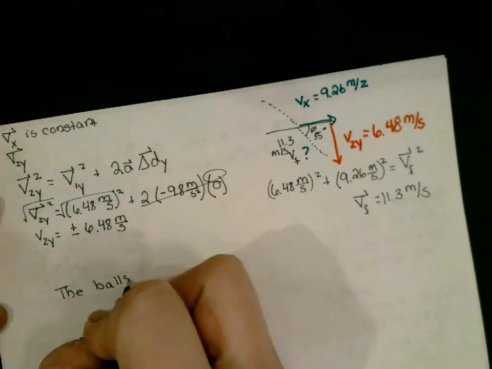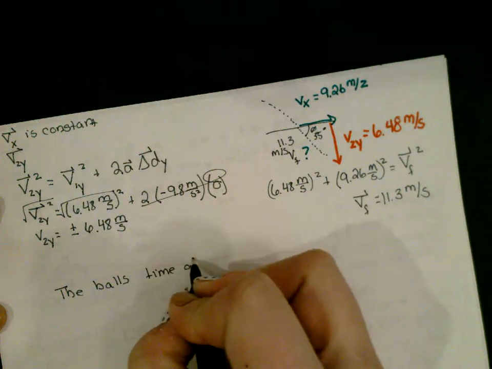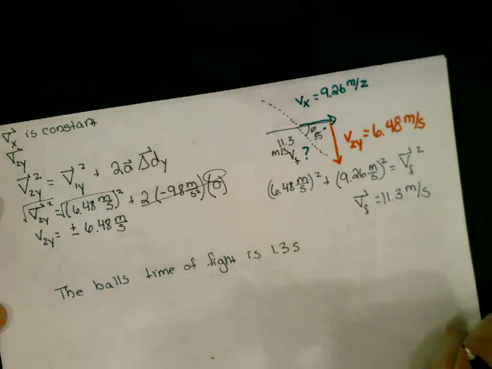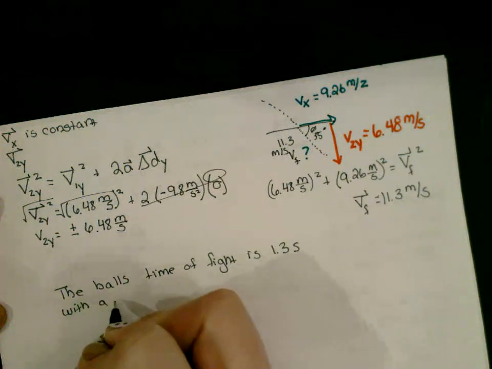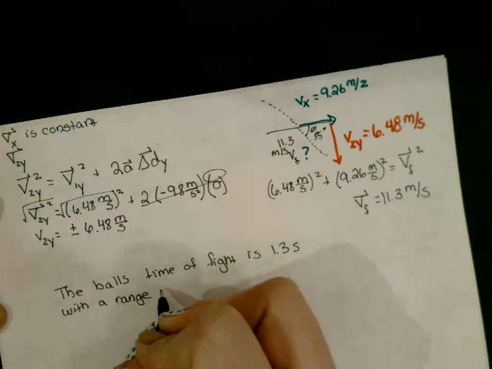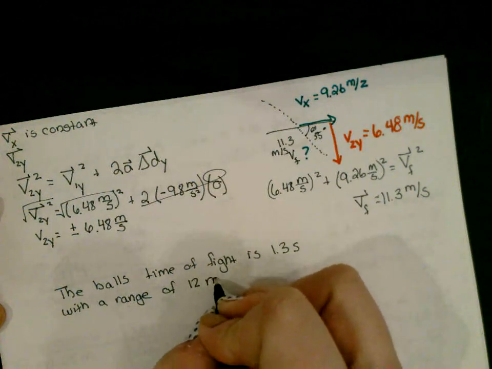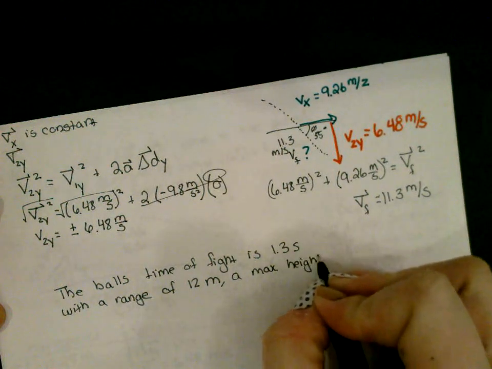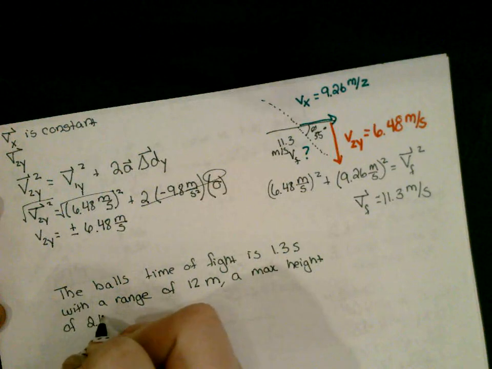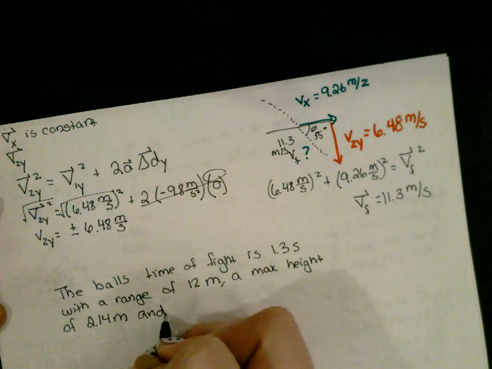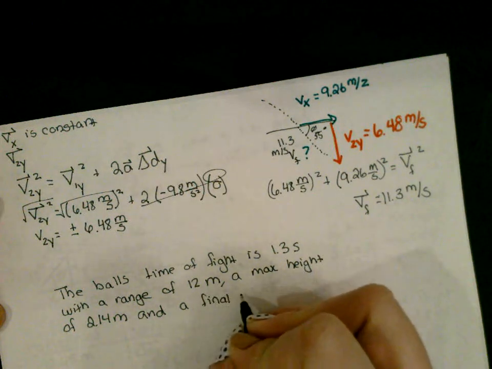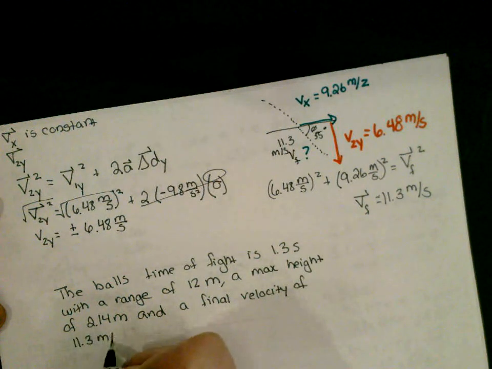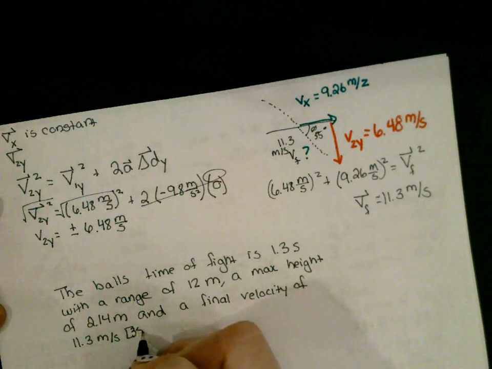The ball's time of flight is 1.3 seconds with a range of 12 meters, a maximum height of 2.14 meters, and a final velocity of 11.3 meters per second, 35 degrees.